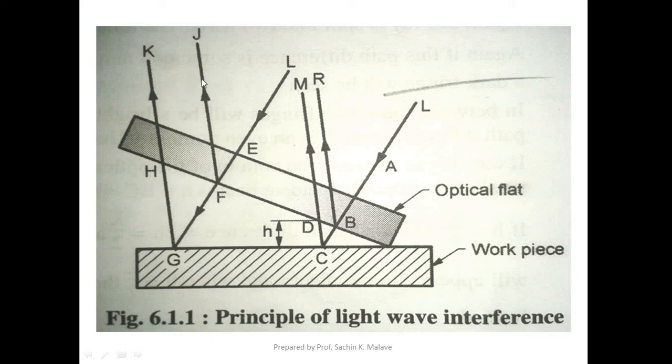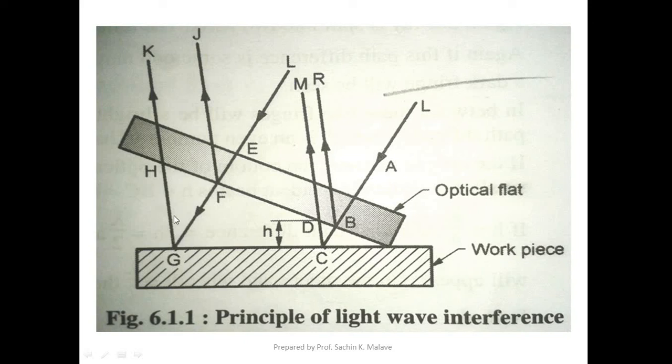The path difference between the two rays J and H is nothing but distance FGH. If this path difference FGH is an odd multiple of lambda by 2, you will see another dark band here, which is emerging from G.